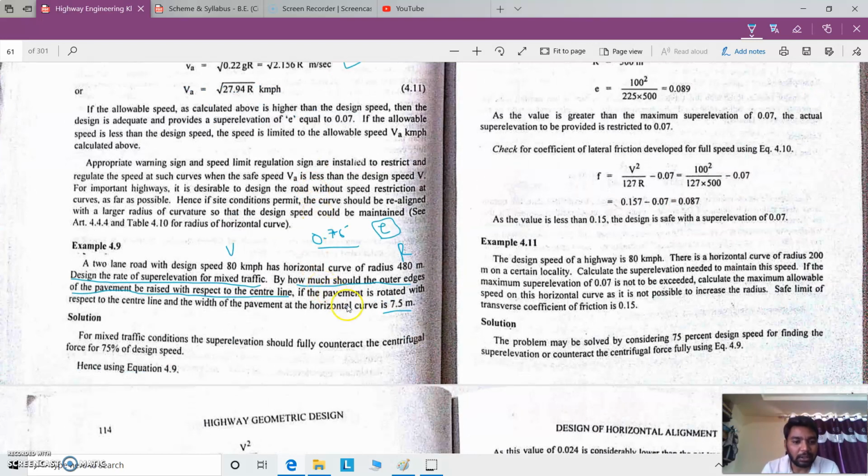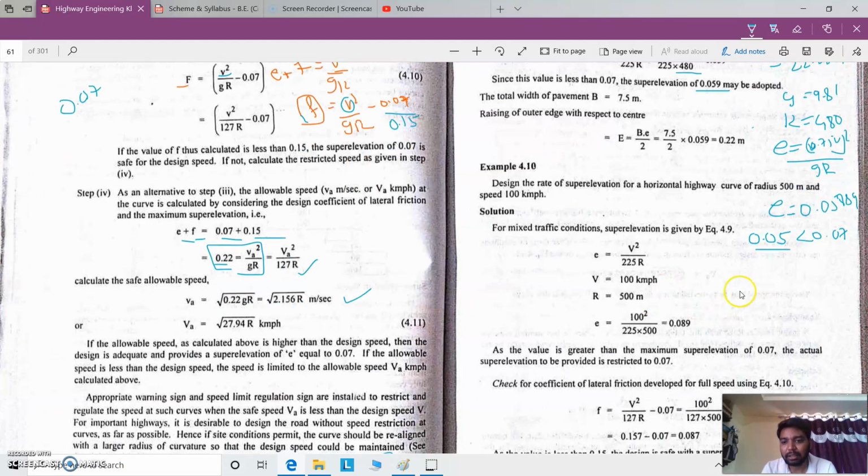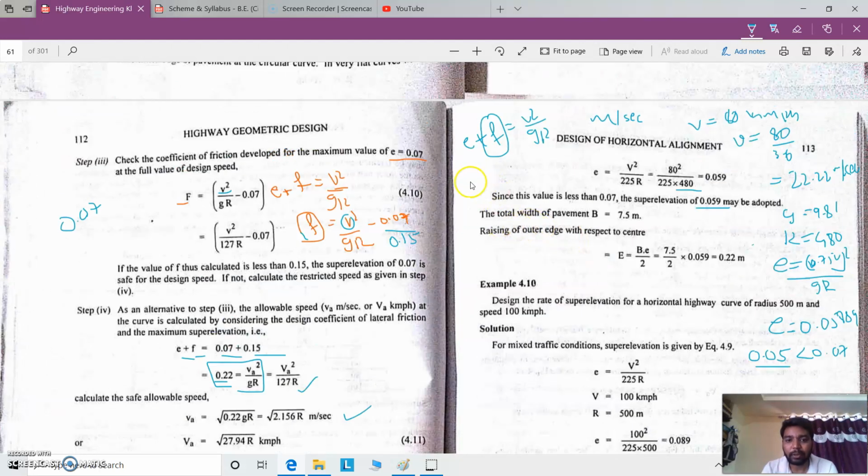And apart from this, if the pavement is rotated with respect to the center line, the pavement width of 7.5 meters is considered, and how much the center rises towards the outer side is to be found. From the center point it is considered, that means 7.5 by 2. 7.5 is the total width of the pavement and 7.5 by 2 will be at this point.